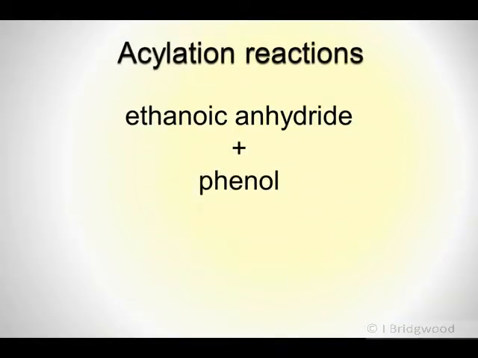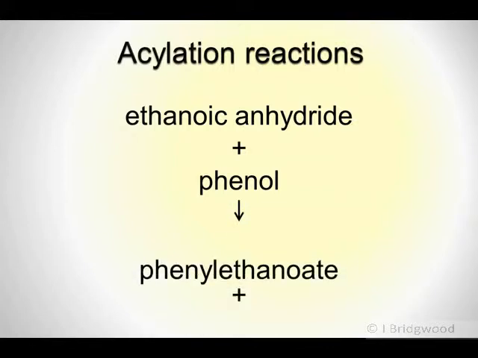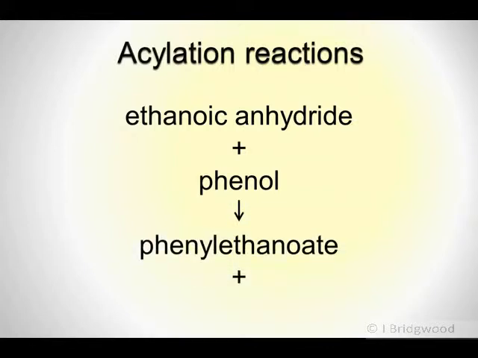With the anhydride and an alcohol, to ring the changes I've taken phenol, which is an aromatic alcohol. In this case we will get, if you think about it, an ester. This will be phenyl ethanoate as our ester, and carboxylic acid, ethanoic acid.